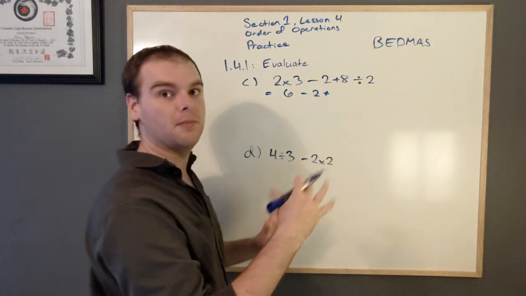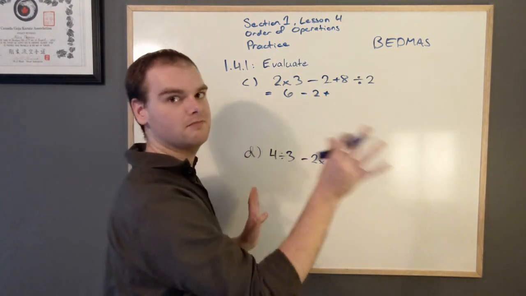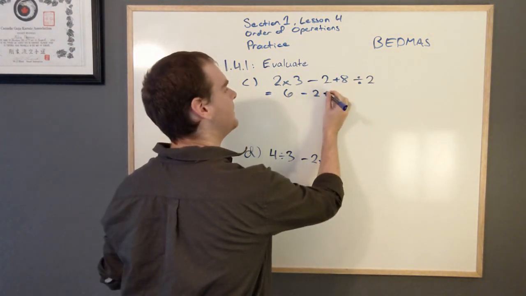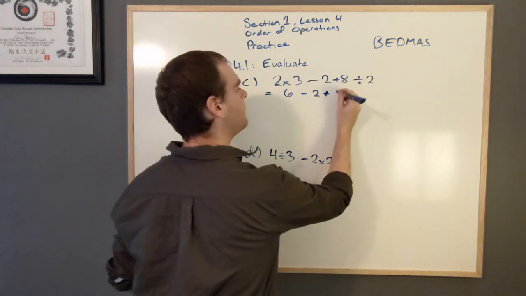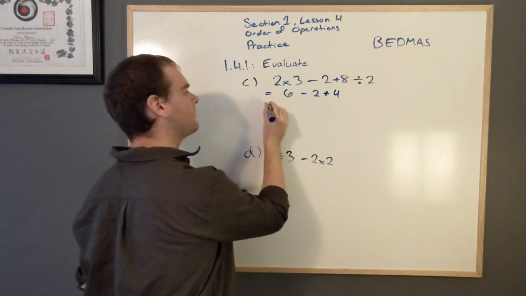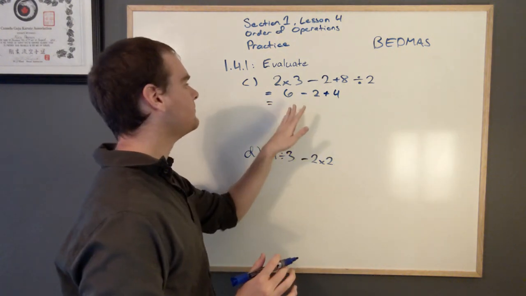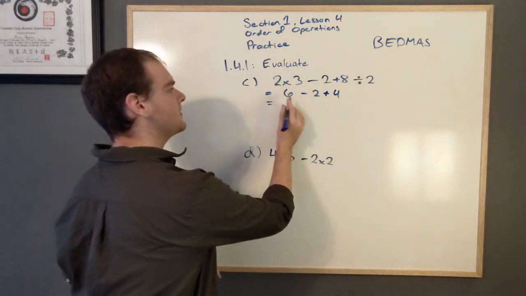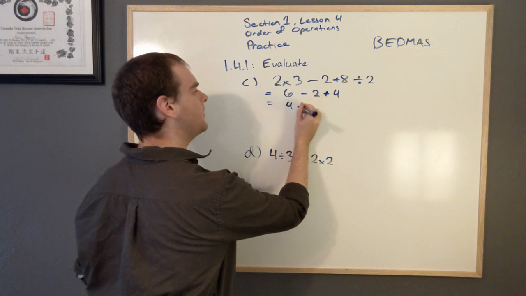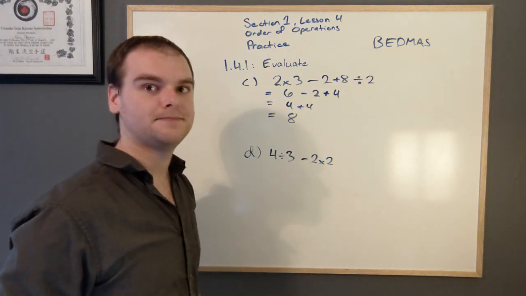Now I'm going to combine these 2 steps together because these 2 guys here are independent of each other. Save myself writing a line. So 8 divided by 2 is 4. Now I've done all the multiplication and division. Next, 6 minus 2 plus 4. 6 minus 2 is 4 plus 4. And that's 8.